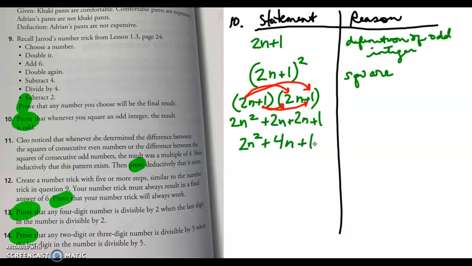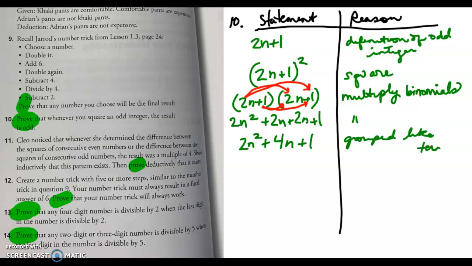Now, the reason or the justification over here, let's say multiplying binomials. Multiplication would be fine, and that's pretty much what we did down there too. And now let's say grouped like terms. So you're writing down here just what you did each step.